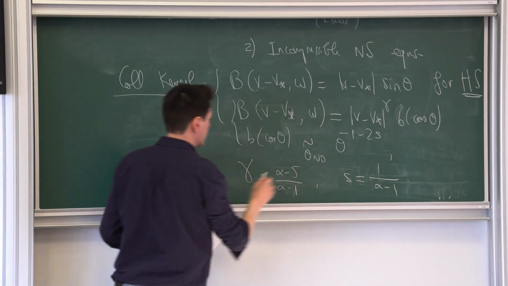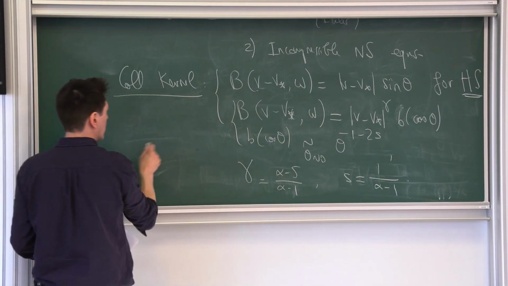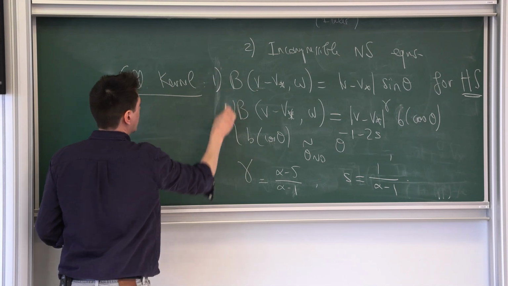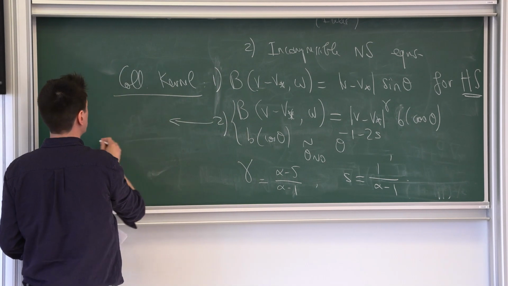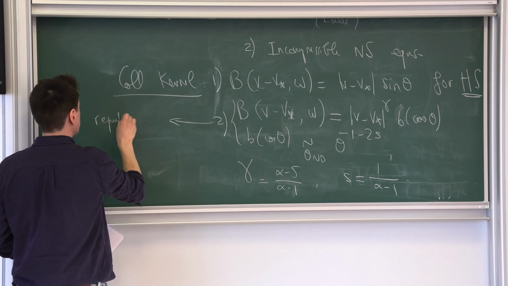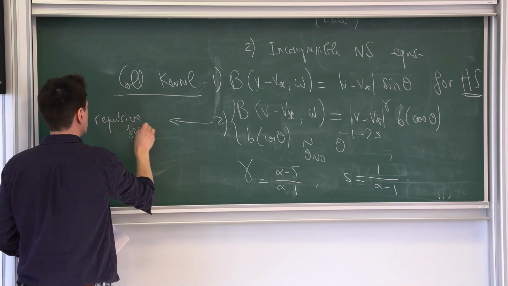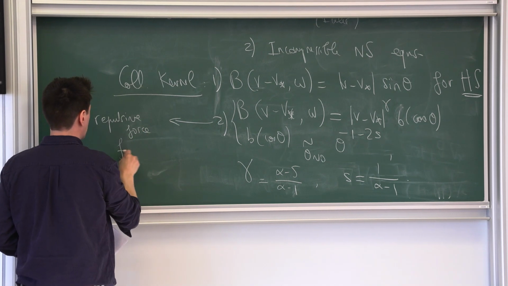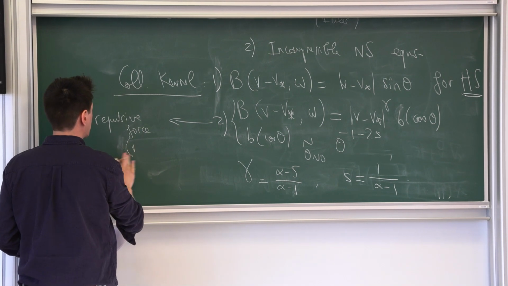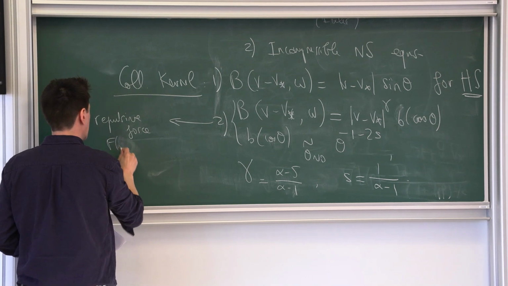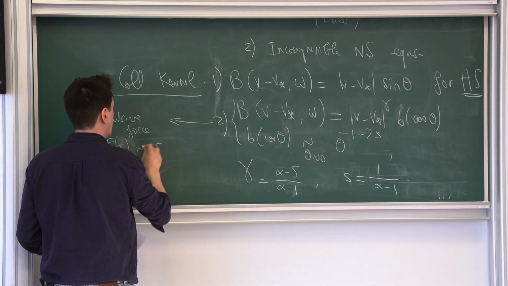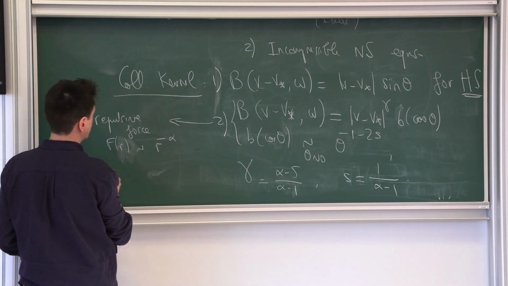So this first case is for hard sphere, and the second case is for repulsive force between particles that scales like r to the minus alpha.